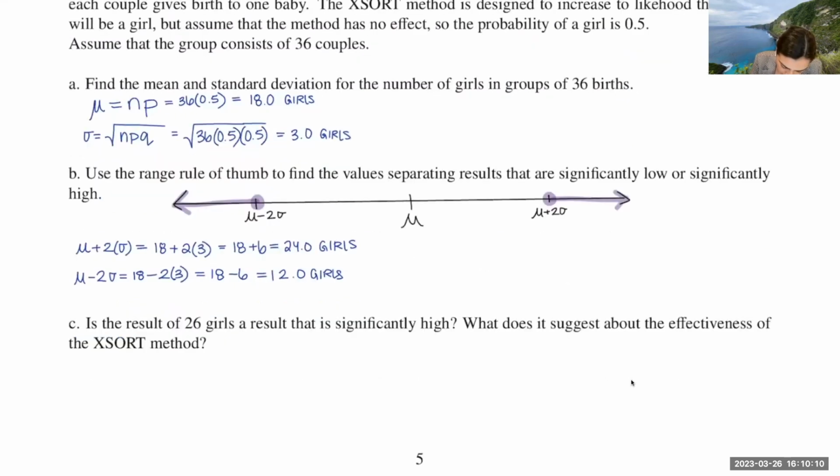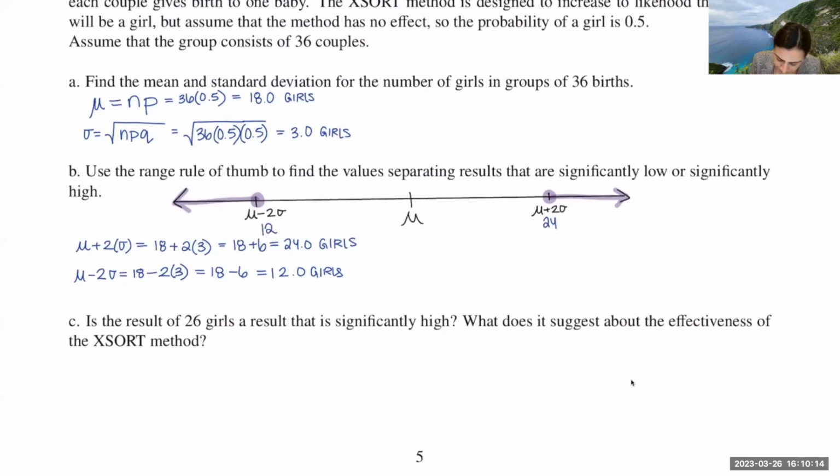So this value here is 24, and this value here is 12. If we have 24 girls or more, that would be a significantly high number of girls. If it's 12 or below, that's a significantly low number of girls in 36 births.